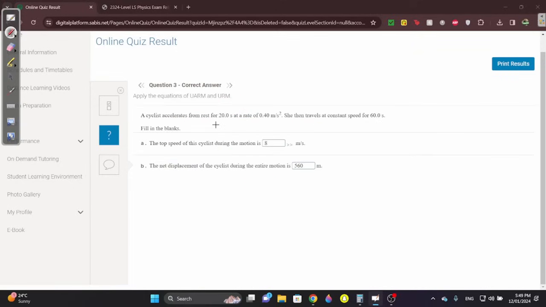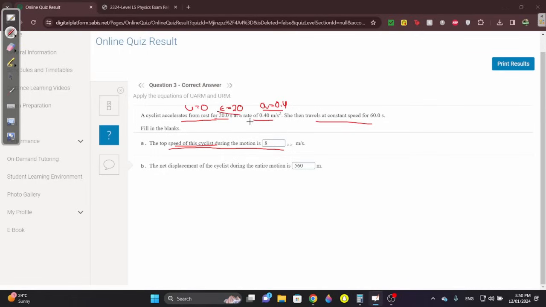Now a cyclist accelerates from rest, so u equals 0, for 20 seconds, at a rate of 0.4. Sorry, 0.4 and 0.5. And then she travels at constant speed for 60 seconds. The top speed of the cyclist during the motion is how many meters per second? They want the speed, which is the velocity.